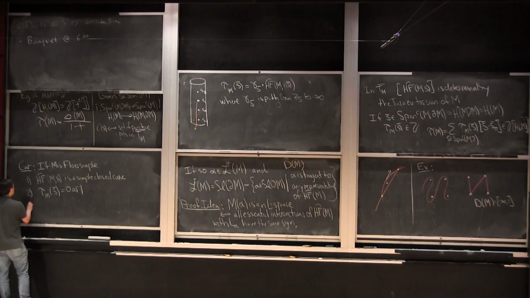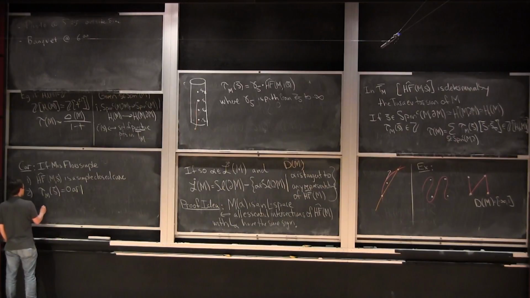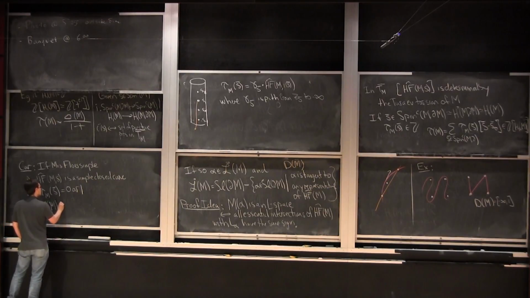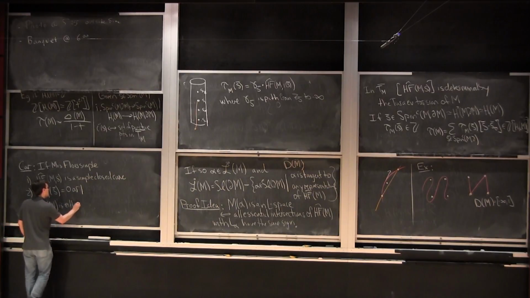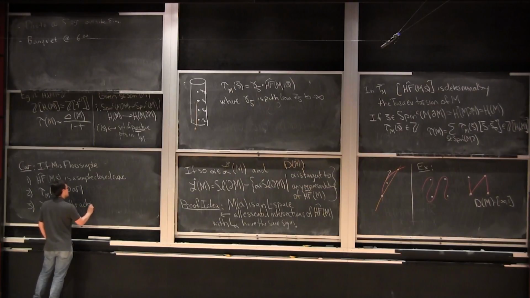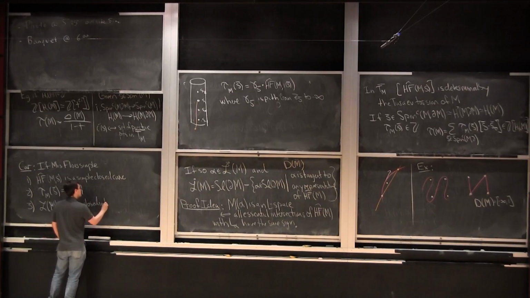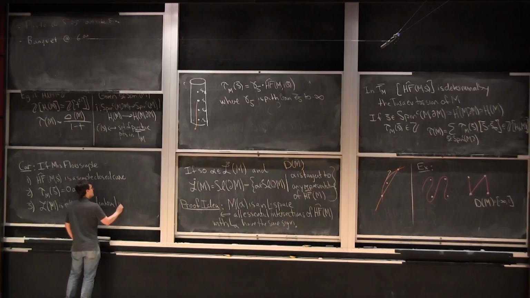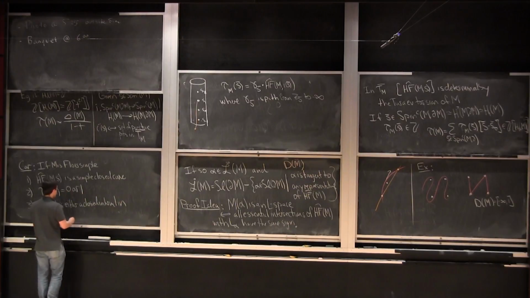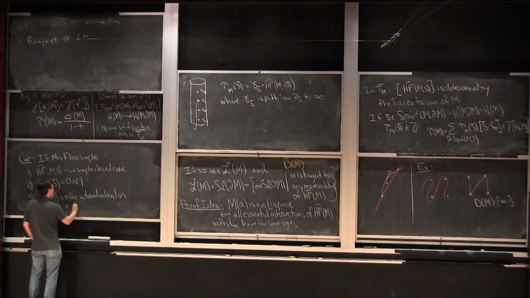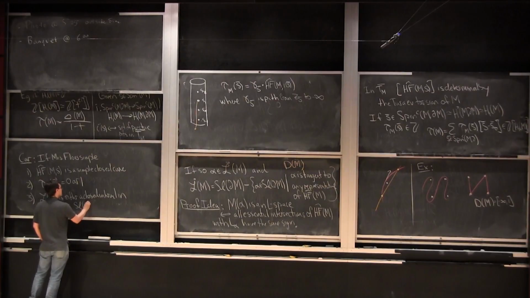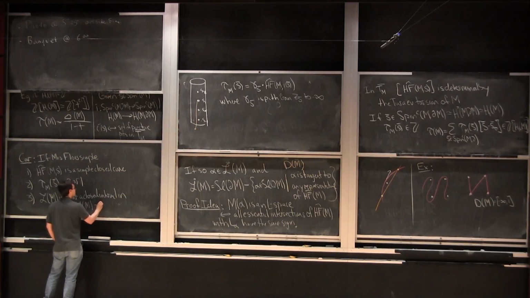And then the last thing is that this set L of M is either a closed interval in the circle of slopes, or it's all of slopes of M minus a homological longitude.